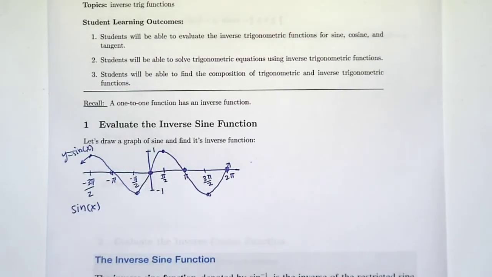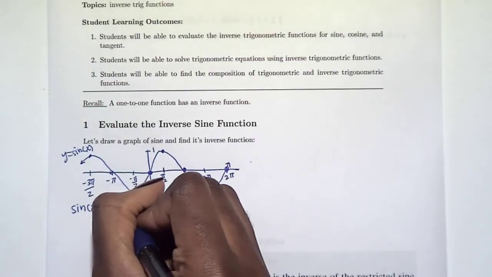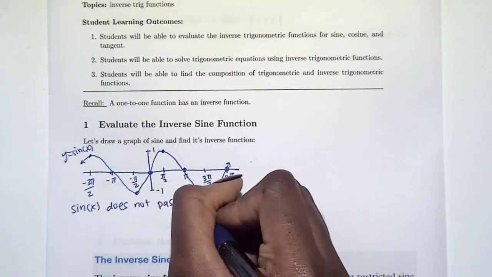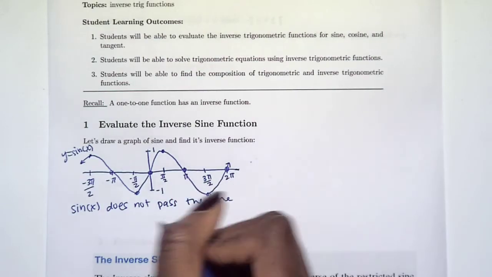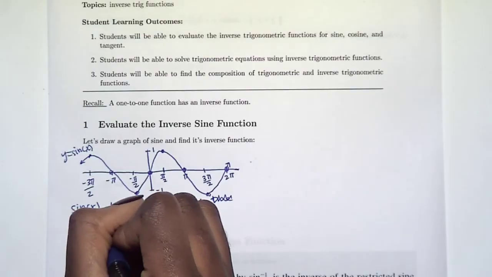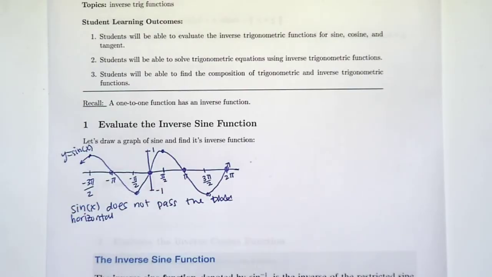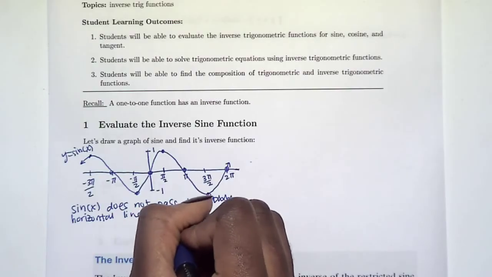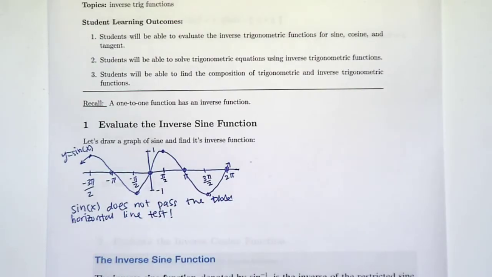So sine of x does not pass the horizontal line test. So that means it doesn't have an inverse, it's not one-to-one.